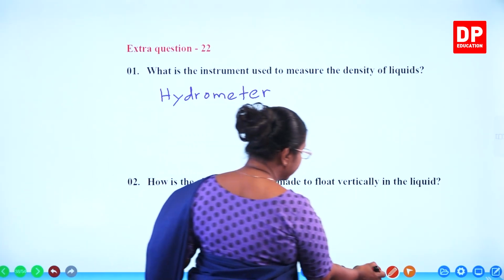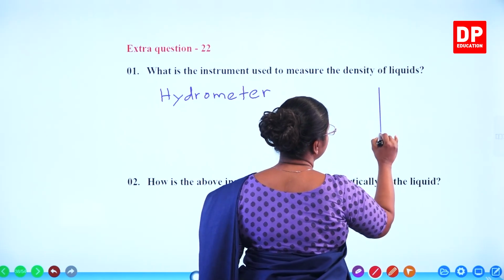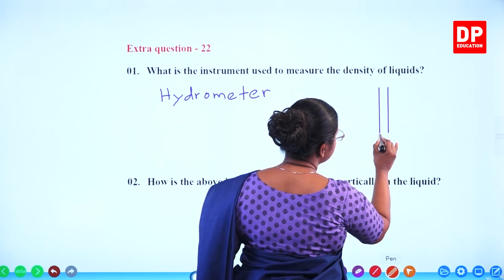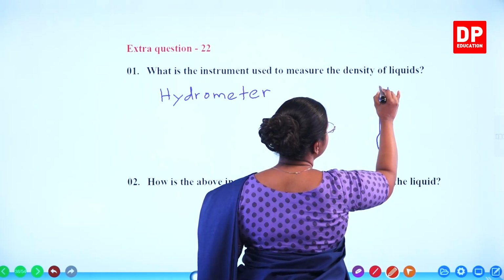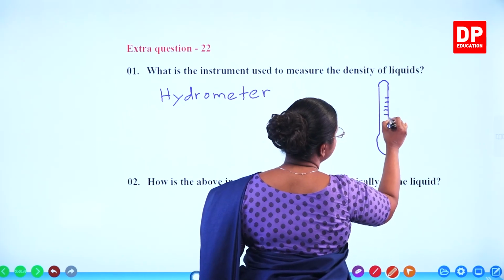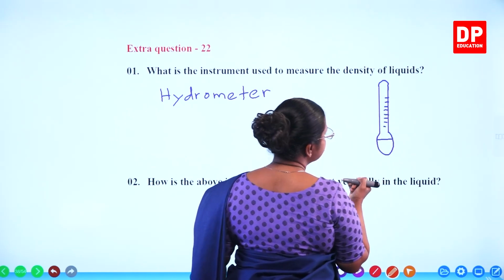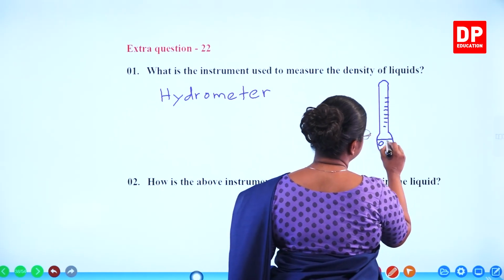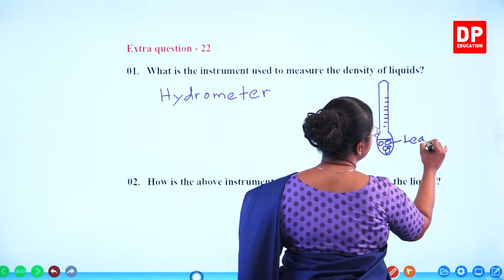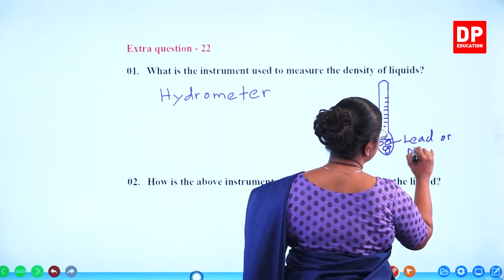You can remember the structure of a hydrometer. You don't have to draw it, students. I'm just doing it here just to recall what we discussed. So there is the glass tube, then it is calibrated, and inside the bulb, what is there? There is either lead or mercury.